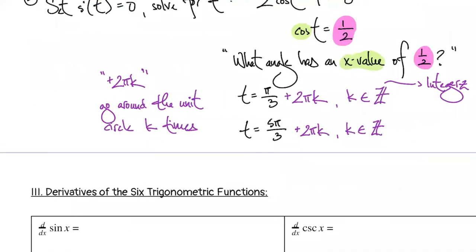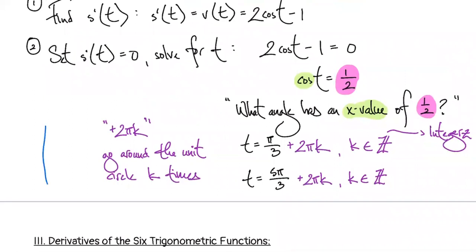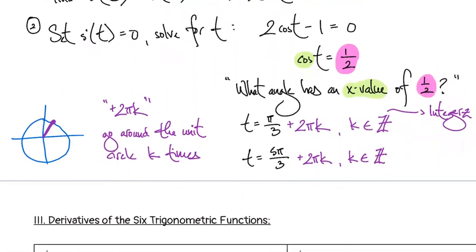All right, so 2 pi k, 2 pi is just one time around the unit circle, right? So if we draw a unit circle, maybe like over here, right? Pi over 3 is like right here, okay?